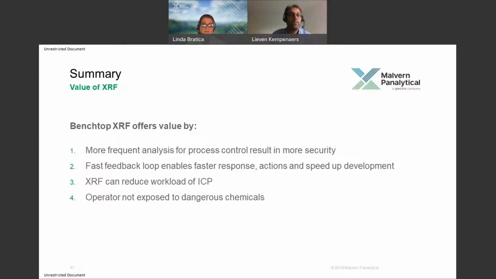And also, when using the benchtop XRF, it's much safer for the operator because he doesn't have to use dangerous chemicals and the glassware that has to be used with ICP. Okay, so very good. This is my last slide.